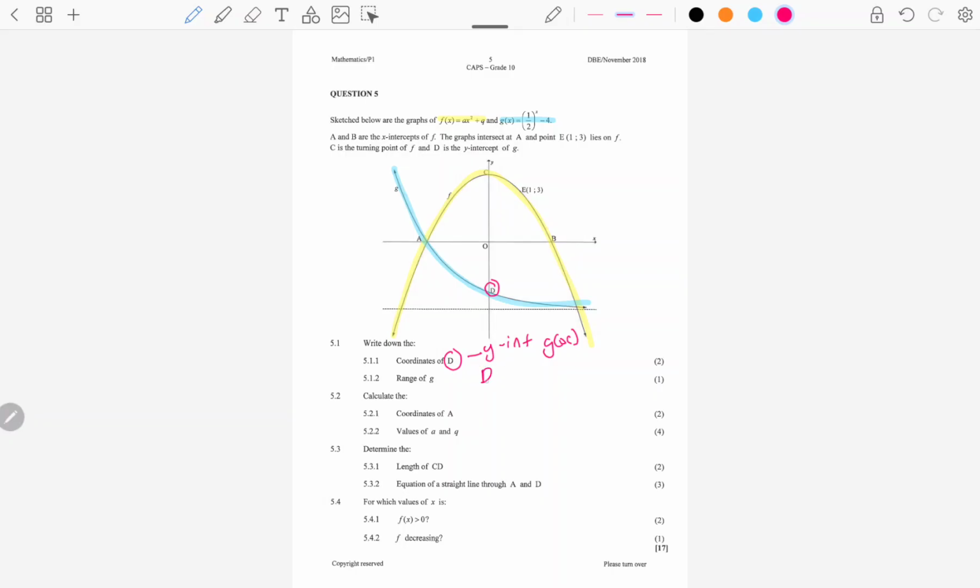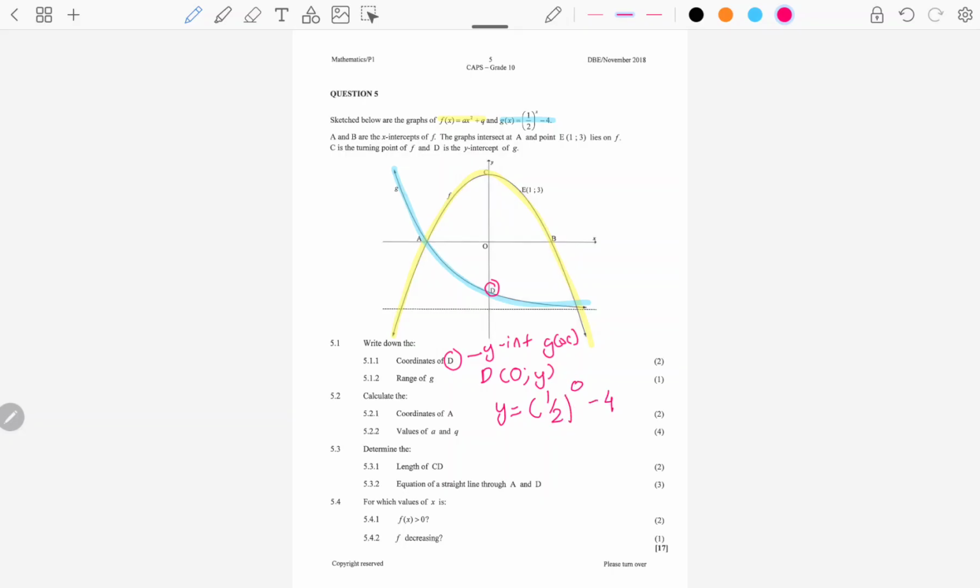So D will be (0, y), which we have to calculate. So we'll use g of x. So we'll plug that into the equation.